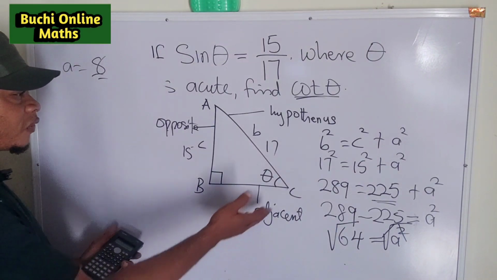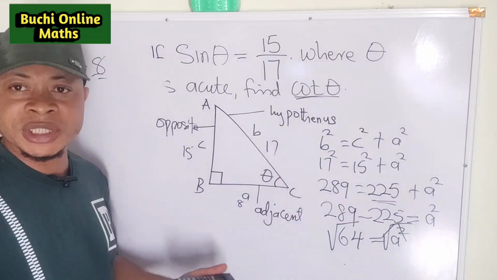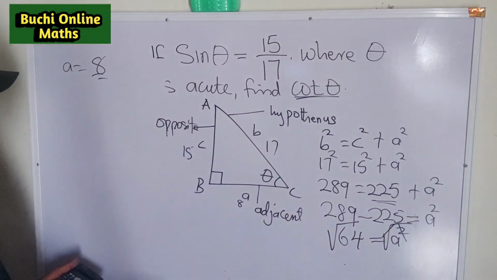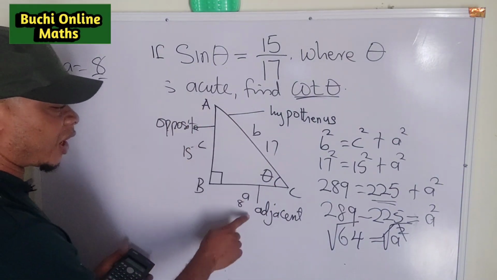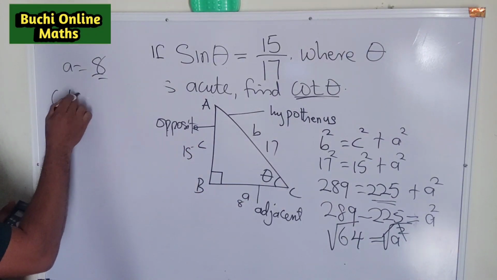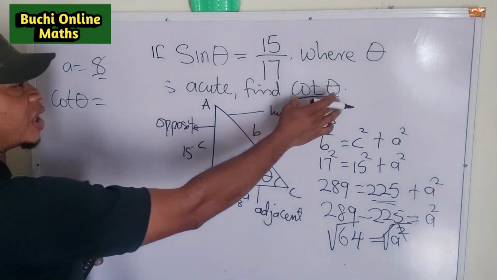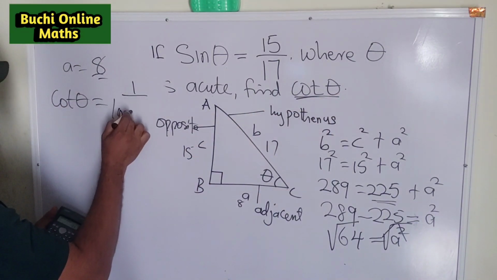Now that we have found all the sides, we can determine cot theta. What is tan theta? Tan theta means opposite over adjacent, which is 15 over 8. Remember that cot theta is the inverse of tan theta, which is 1 over tan theta.